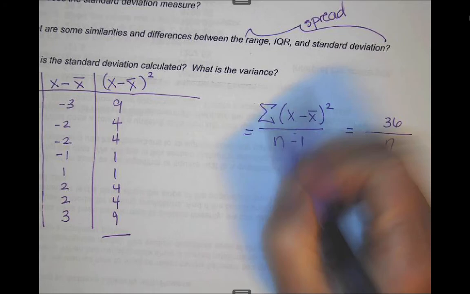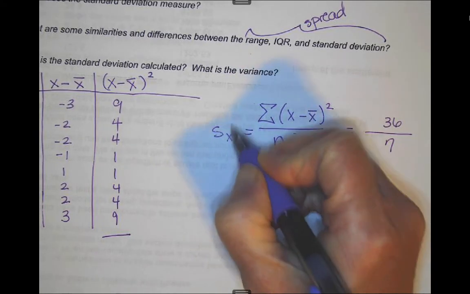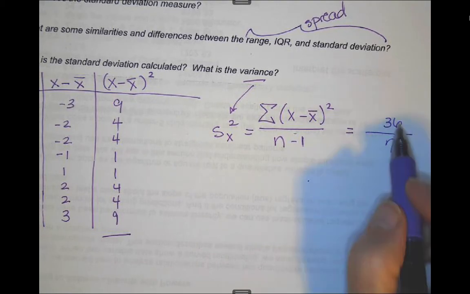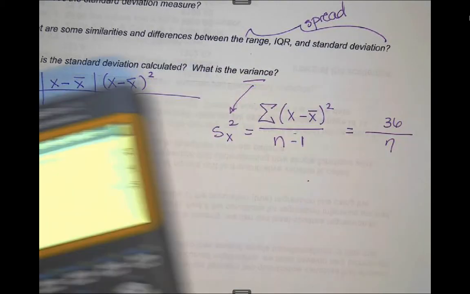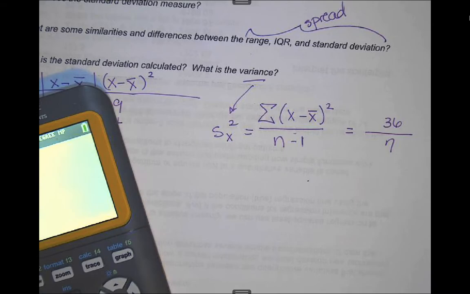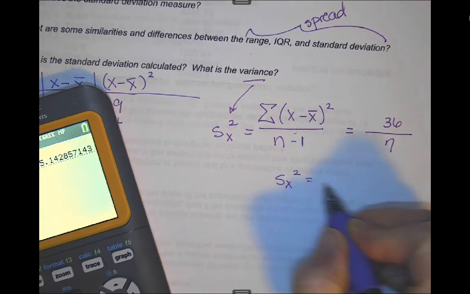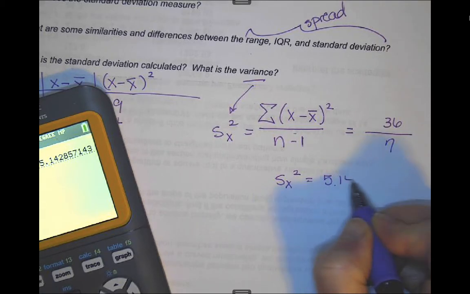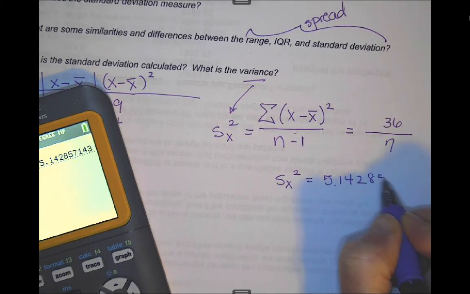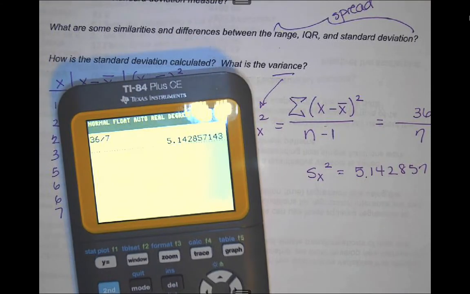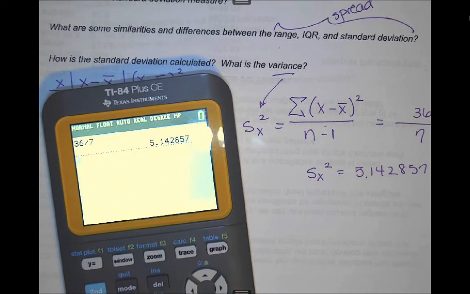Again, right now I have the squared deviations. So there's your variance right there. So I've got my 36 divided by 7. Don't ask me why I wrote so many decimal places. So that's my variance. Well, the problem is my original data was not in squared units.